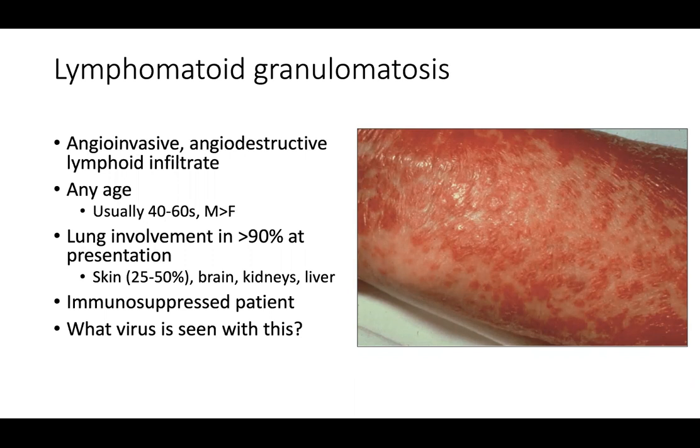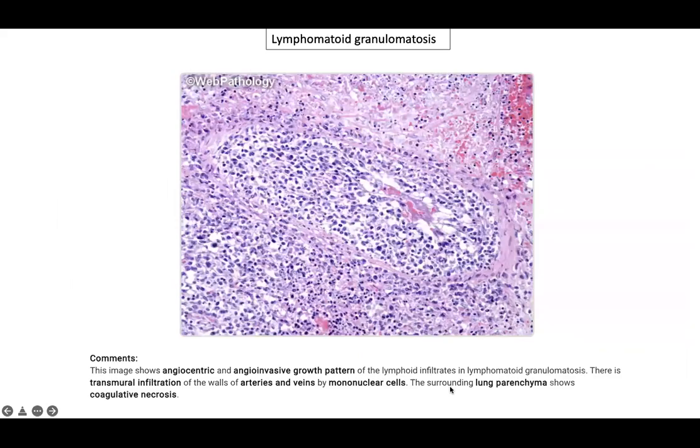The skin involvement is present in 25 to 50% of patients, with brain, kidney, and liver involvement as well. These often occur in immunosuppressed patients. And what virus is typically associated with this? I'll let you think about it. So if you guessed Epstein-Barr virus, you're correct.